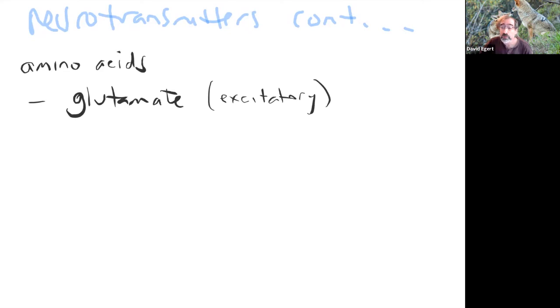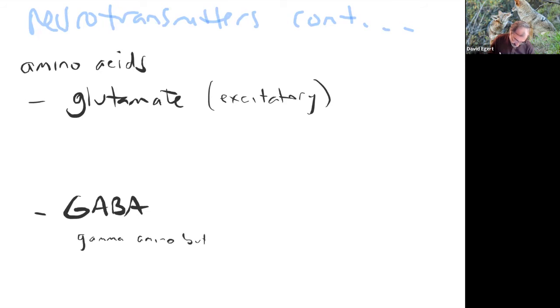Another important amino acid that acts as a neurotransmitter is called GABA, gamma amino butyric acid. This is inhibitory.